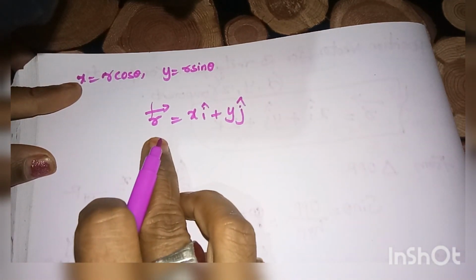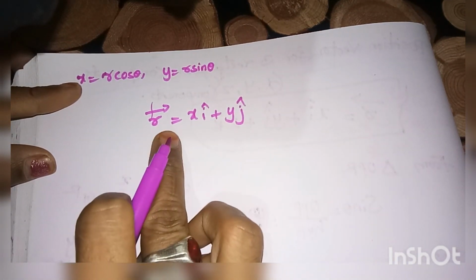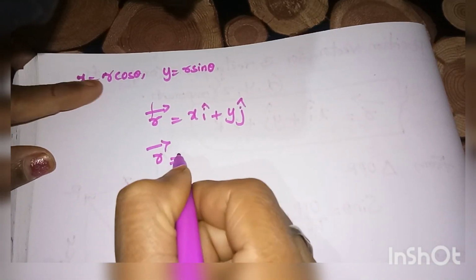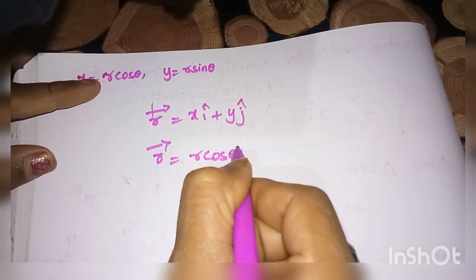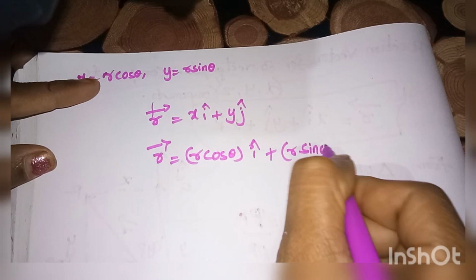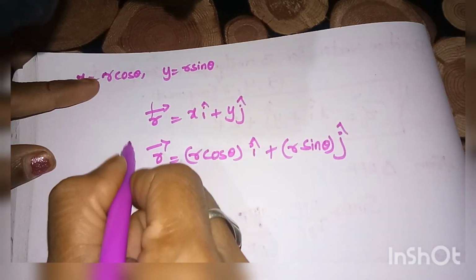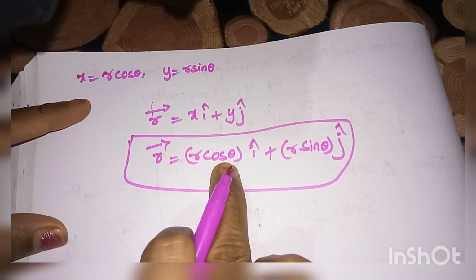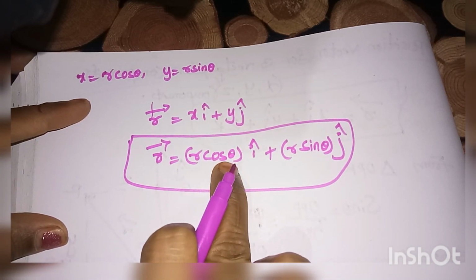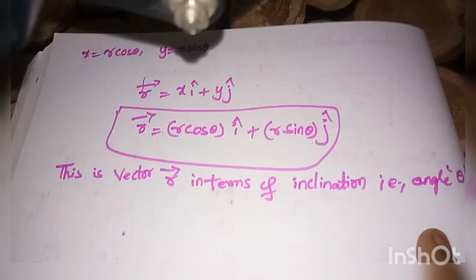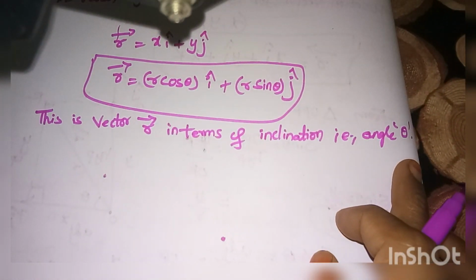If they ask you to write this position vector in terms of inclination, that is the angle, you can write it as R bar equals r cos theta i cap plus r sin theta j cap. This is the position vector in terms of inclination, that is the angle along the x-axis. So this is vector R bar in terms of inclination, that is angle theta.